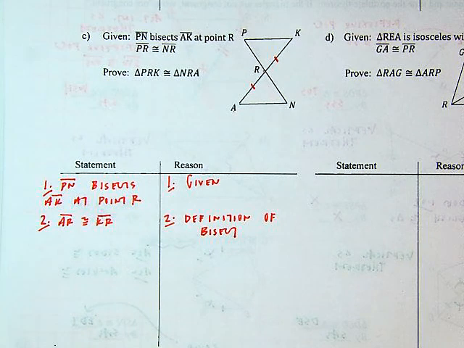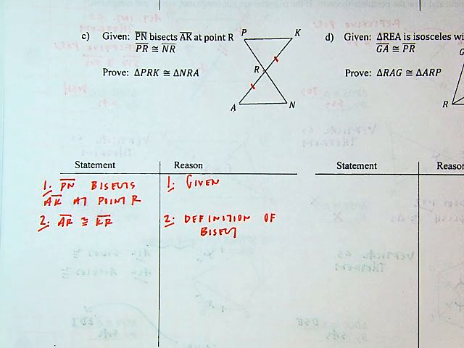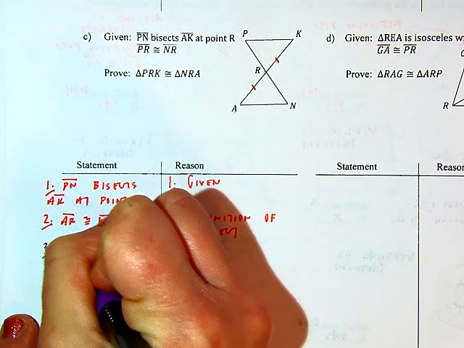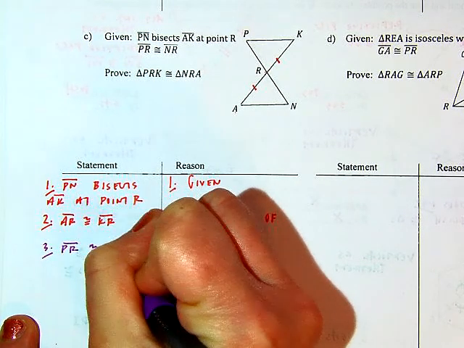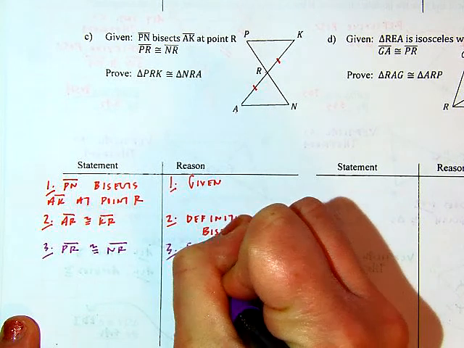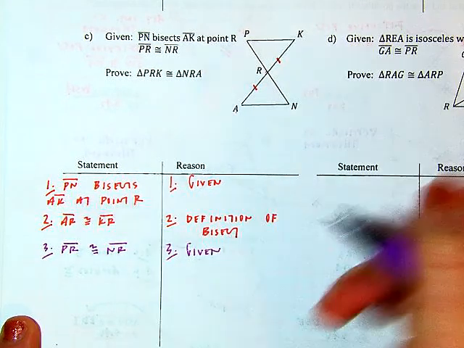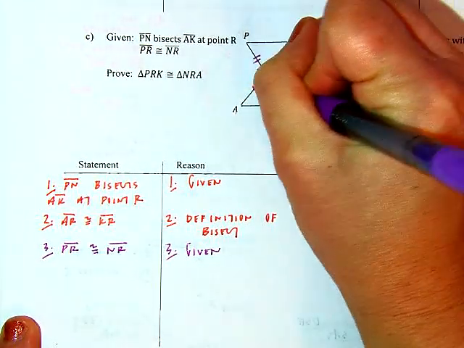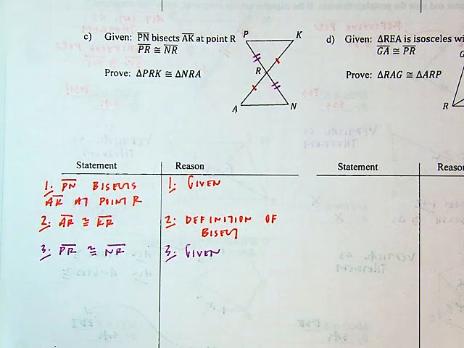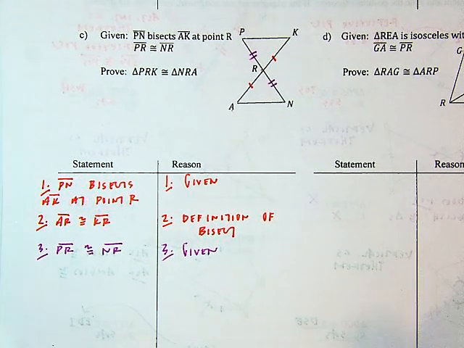Okay, so now I'm stuck, right? So I'm going to go look and see if I have another given that can help me. And I do. So it's telling me that PR is congruent to NR. Given. So double tick mark, double tick mark. Okay, so I have two pairs of corresponding sides that are congruent. I still need either the third pair of sides or included angles.